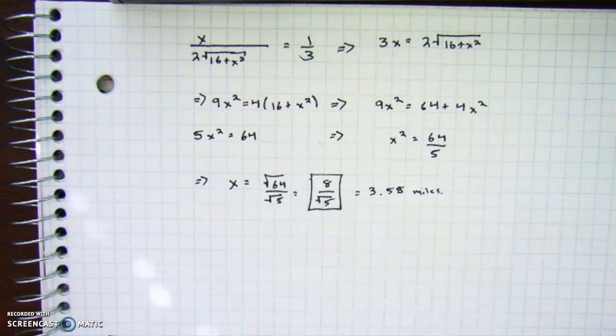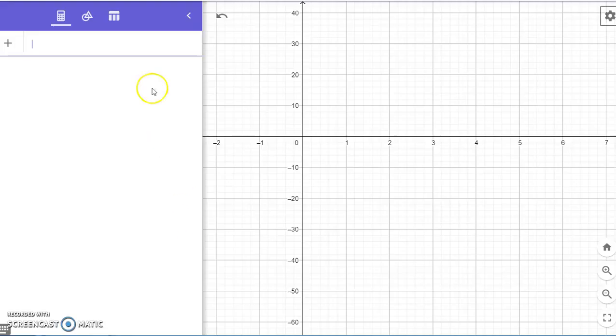Now, real fast, let's just take a second to verify this graphically, because that's just one of the nice things that we can do. So let me find our equation here for our derivative. So there we go.